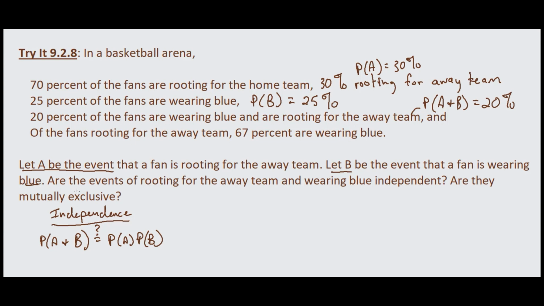Those are going to be equal. But now we have the probability of A and B is 20%. So does that equal the probability of rooting for the away team, 30%, times the probability of wearing blue, which is 25%?